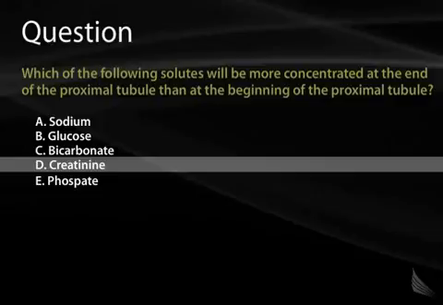Therefore, their concentrations will be lower at the end of the proximal tubule than at the beginning of the proximal tubule. The answer thus must be D, creatinine. While sodium reabsorption primarily occurs in the proximal tubule, sodium reabsorption occurs in an isoosmotic fashion. Therefore, the sodium concentration will be the same at the end of the proximal tubule as at the beginning of the proximal tubule.